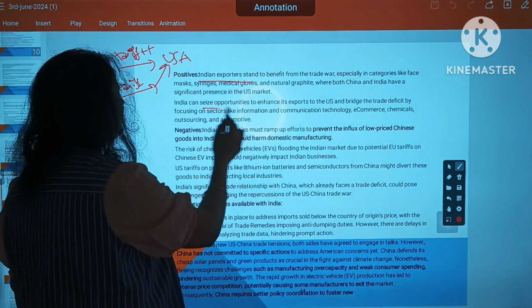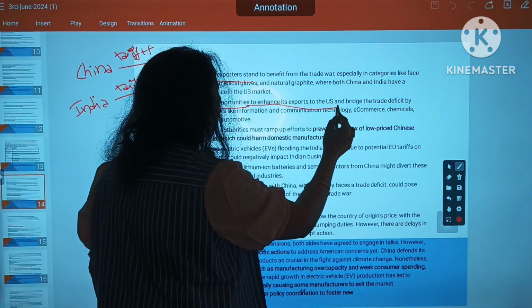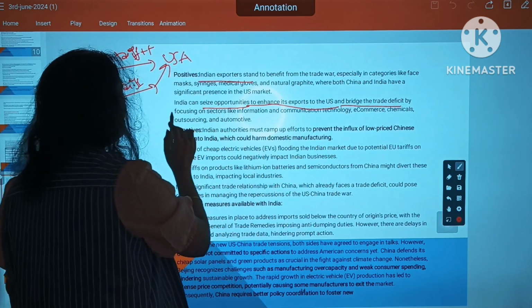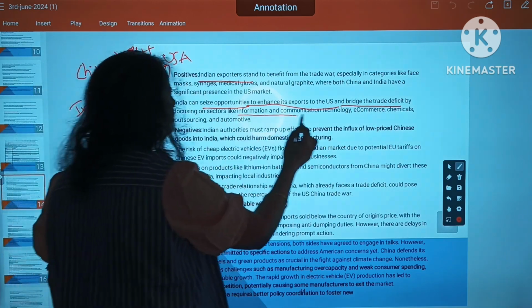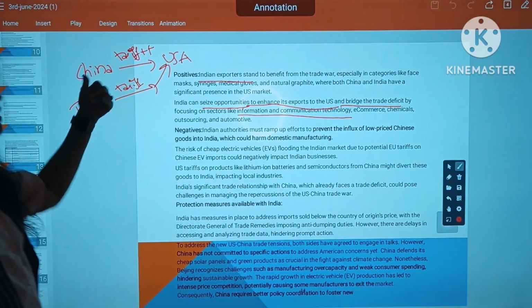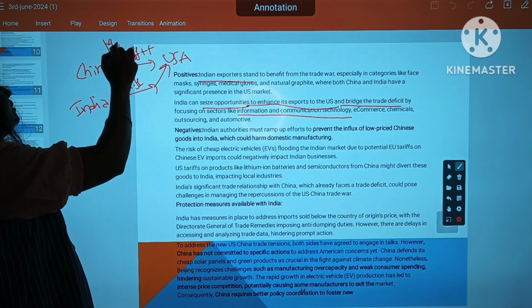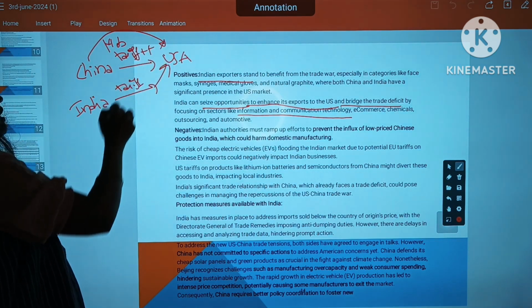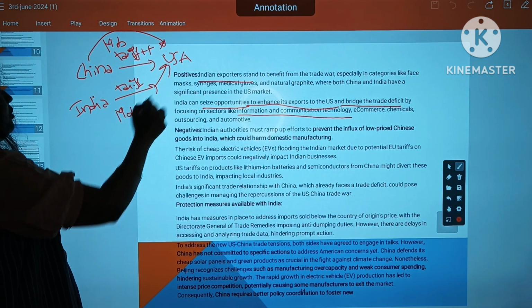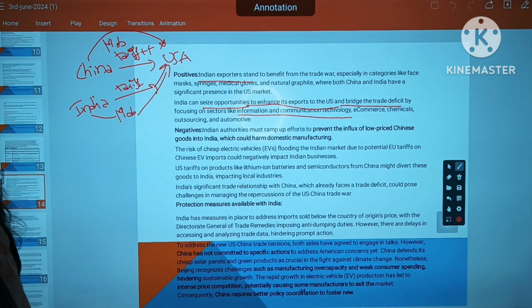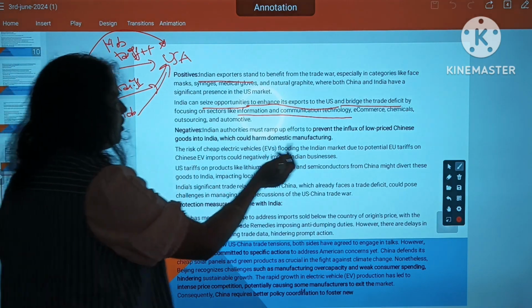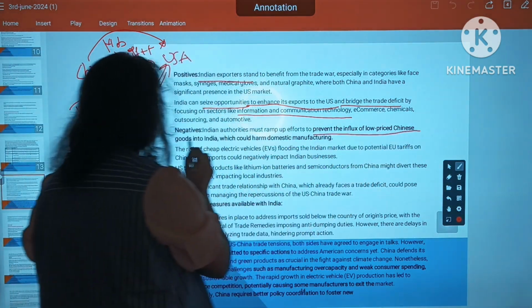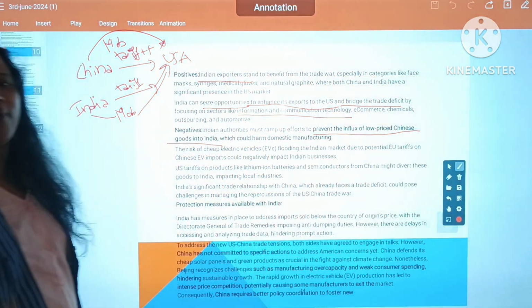India can seize opportunities to enhance its exports to the US and bridge the trade deficit by focusing on sectors like information and communication. Whatever mobiles are unable to reach the USA from China, India can supply to the USA through Indian manufacturers. Negatives.